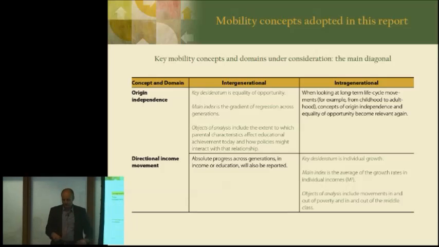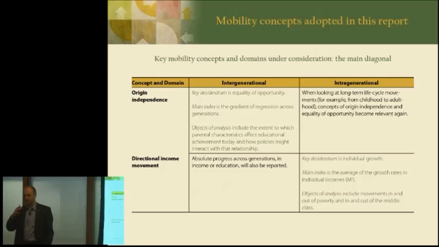Within generations, in the intragenerational domain, we could also look at this, but we're going to focus instead on the measure of directional income movement, which is really a sort of average of individual growth rates. It's going to turn out for economists to have some nice properties of being an integral under a growth incidence curve and being decomposable.